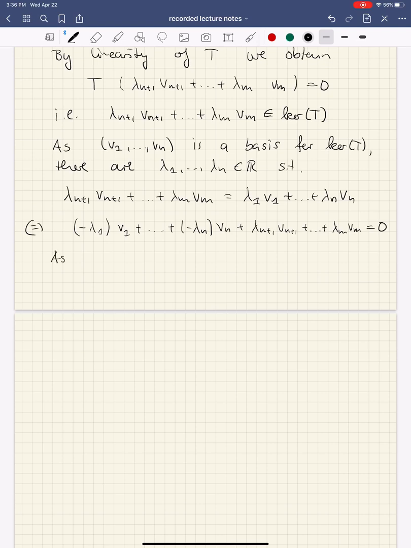As v1 through vm is linearly independent, we conclude that all the coefficients are equal to 0. In particular, the last ones, because those are the ones we're interested in.